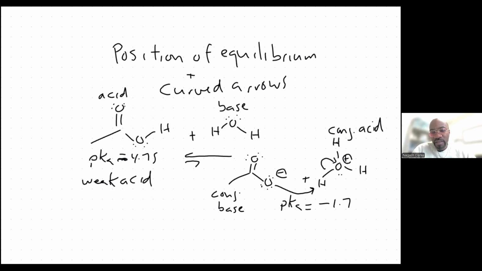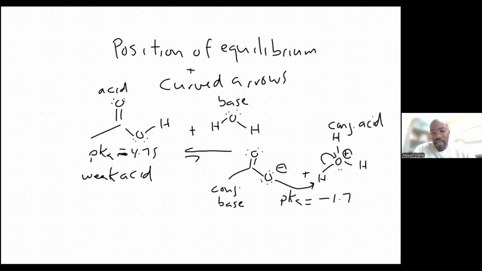The arrow always starts from the base and lands on the hydrogen, and then the bond between the hydrogen and whatever atom it is connected to is broken, and the pair of electrons becomes a lone pair on that atom. Okay? Just for clarity.